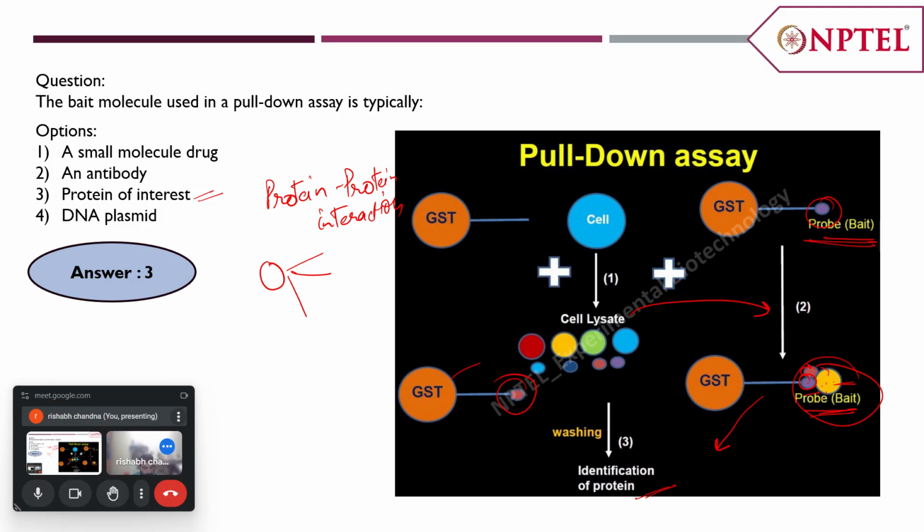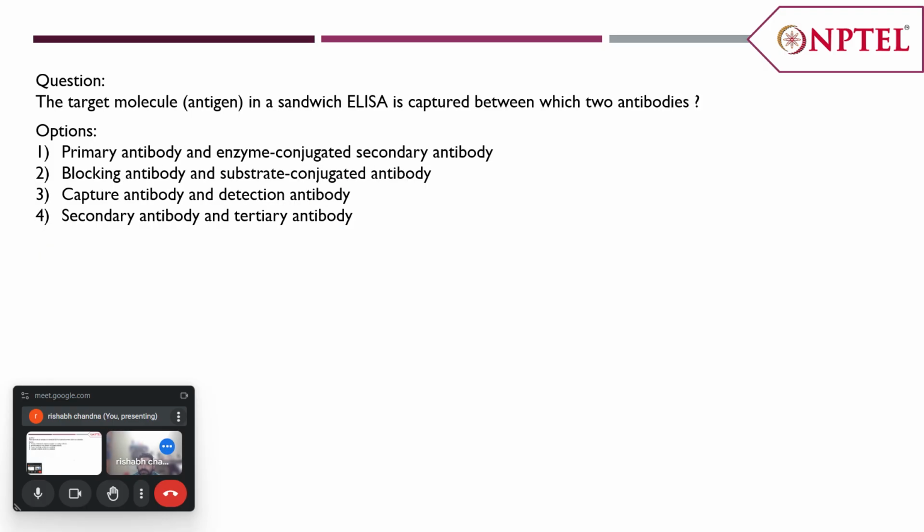So, if no doubts, then we'll move on to the next question. The target molecule or the antigen in a sandwich ELISA is captured between which two antibodies? What can be the correct answer?